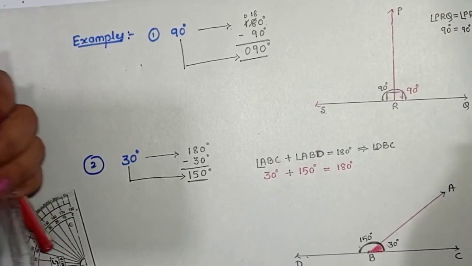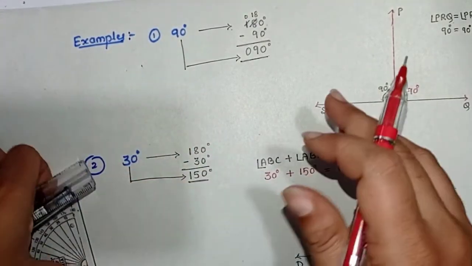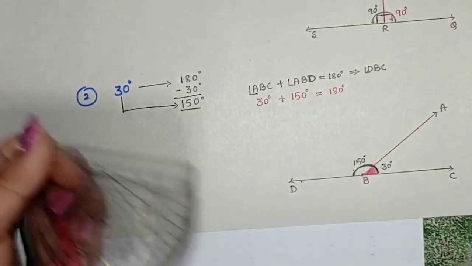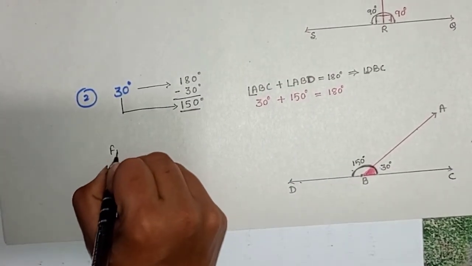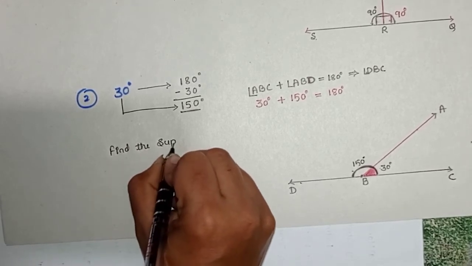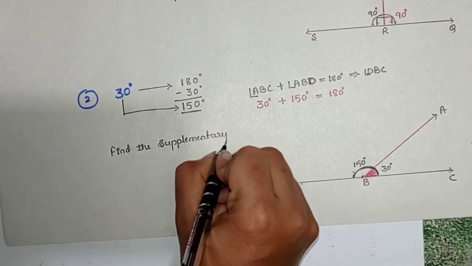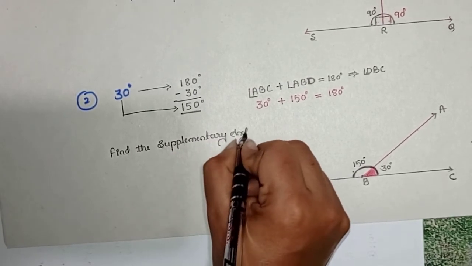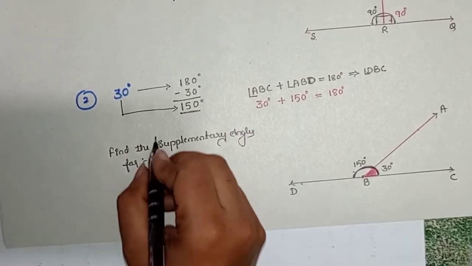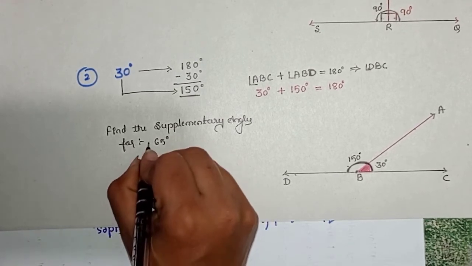So today's task that I want to give you is, you must find the supplementary angle for 65 degrees. That is the first question.